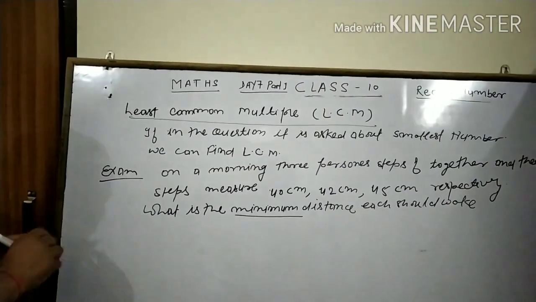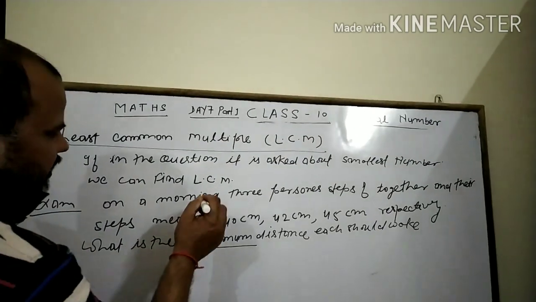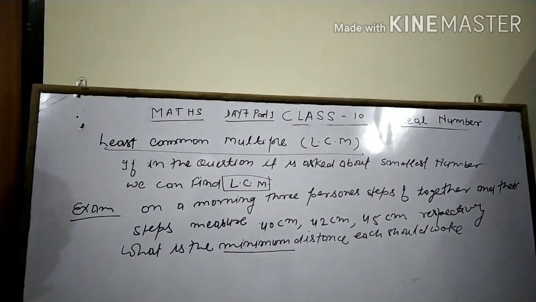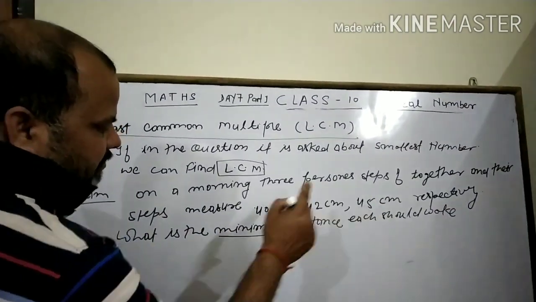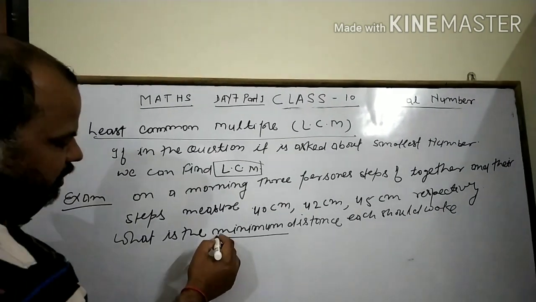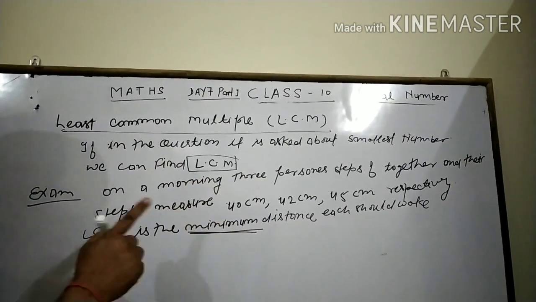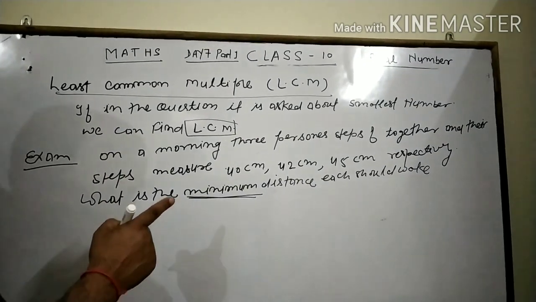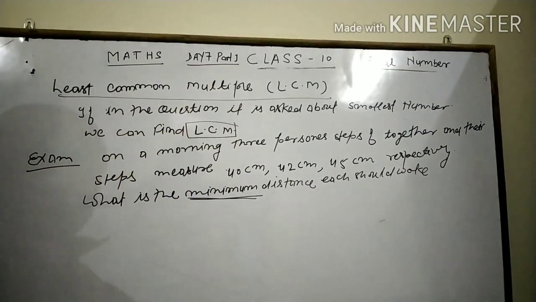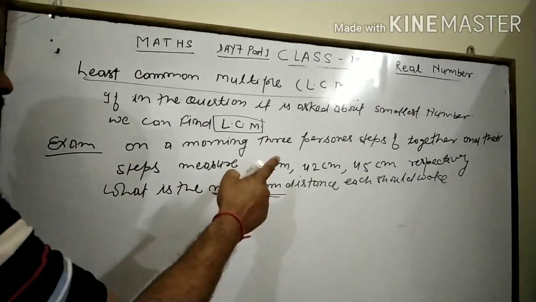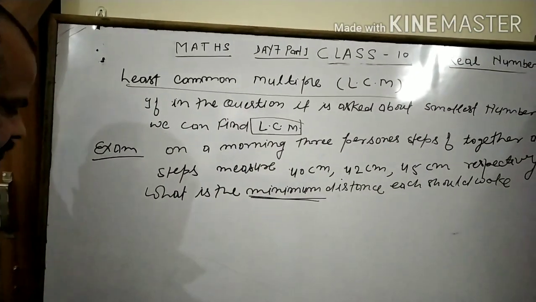When it is asked about smallest, what can we find? LCM. It is not given that you should find LCM, but with the word minimum we know what to find. If in the question it is given minimum or smallest, then we find LCM. Clear? Here we find the LCM of 40, 42 and 45.